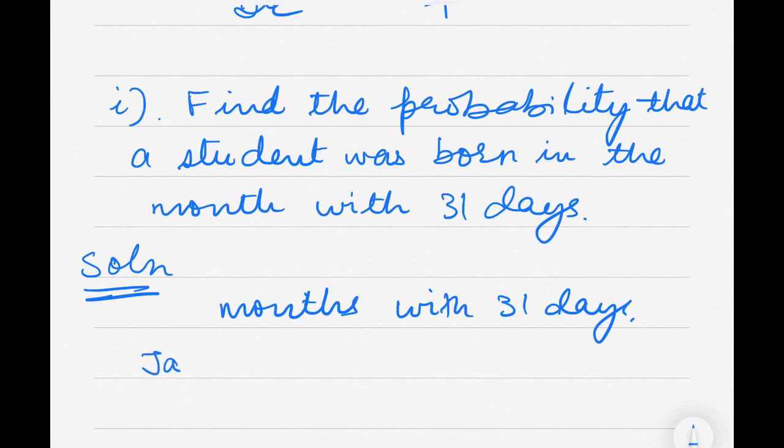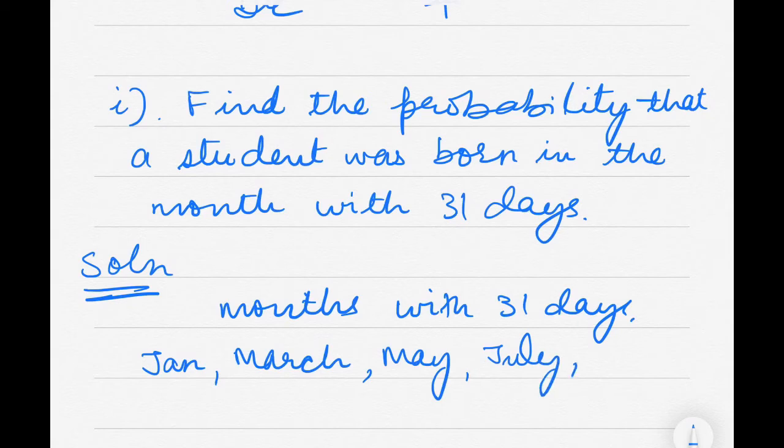So January, February will have 28 or 29. Then we have March, April is 30, May, June is 30, then July and August, both are 31 days. I used to do it on my fingers, like when you close your fist and start counting, those mountain kind of things, right?